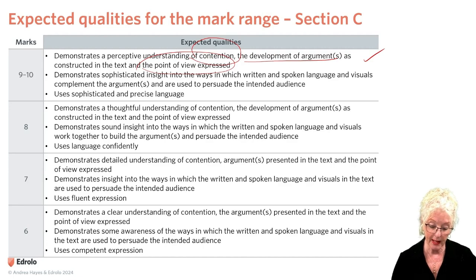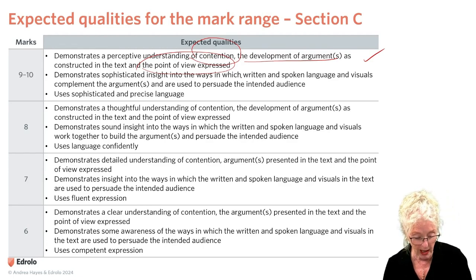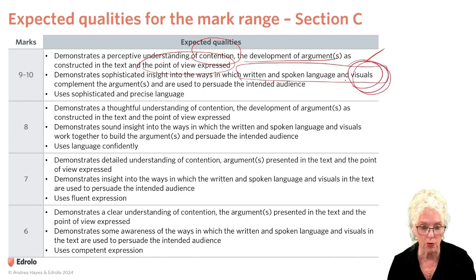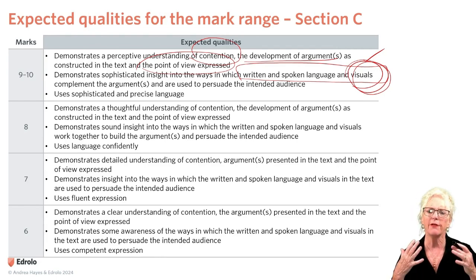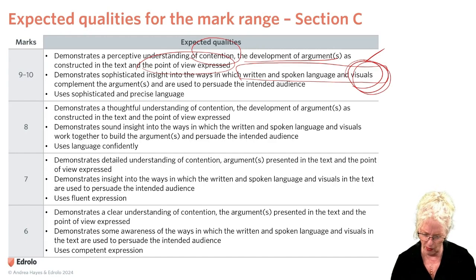Demonstrates sophisticated insight into the ways in which written and spoken language and visuals complete or complement the arguments and are used to persuade the intended audience. Okay? Do not forget the visuals. So what's going to be the impact? And also the response uses sophisticated and precise language. So that's the very top one that you're aiming for.